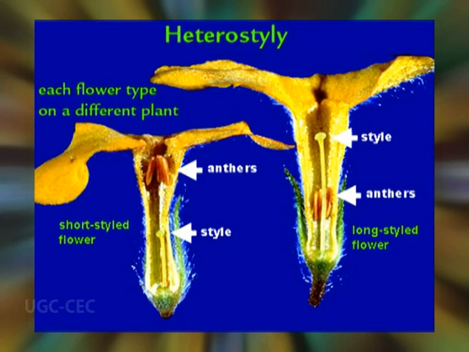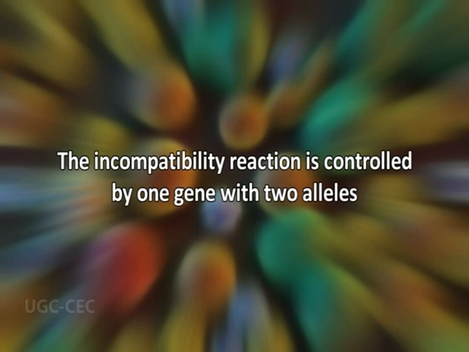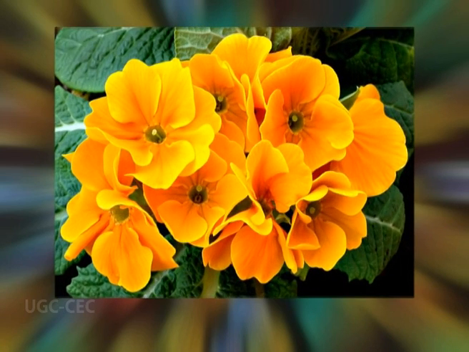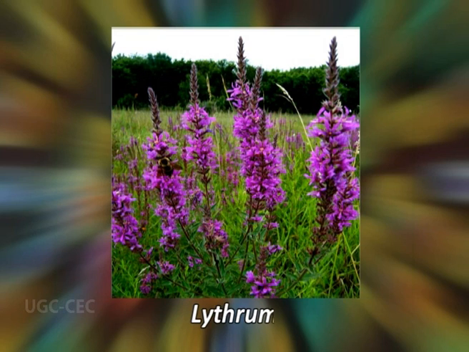The position of stigma and anthers are the main criteria of difference in mating types. The incompatibility reaction is controlled by one gene with 2 alleles, as in dimorphic species Primula, or by 2 genes with 2 alleles, as in tristylous Lythrum.